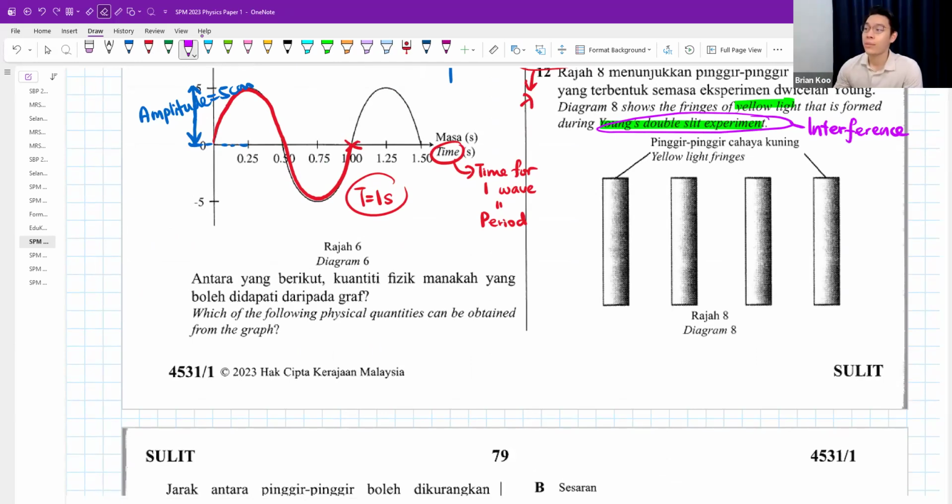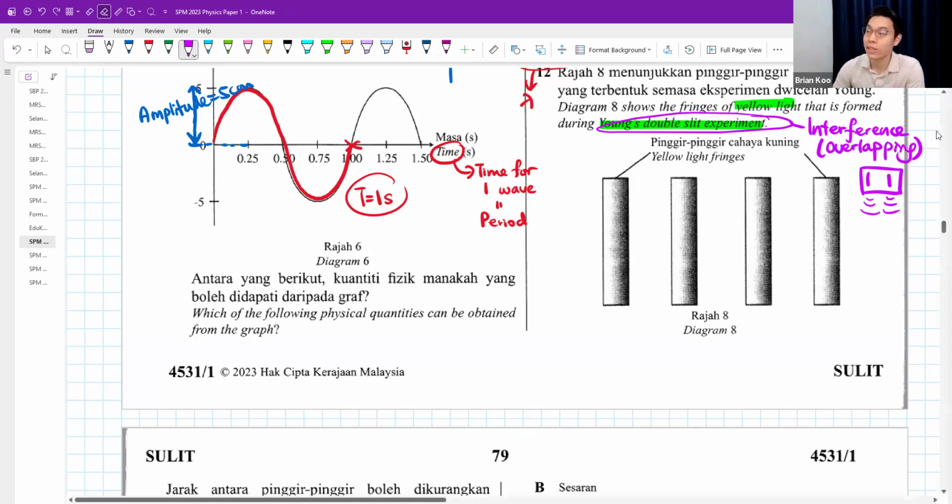How do you know it is interference? It's because a double slit means something that has two gaps for the light. You shine a light and it passes through two gaps, and then they start to overlap on top of each other. Interference means overlapping, or sometimes they call it superposition of waves.